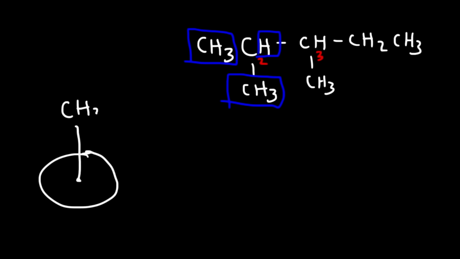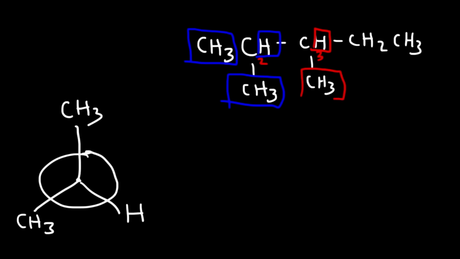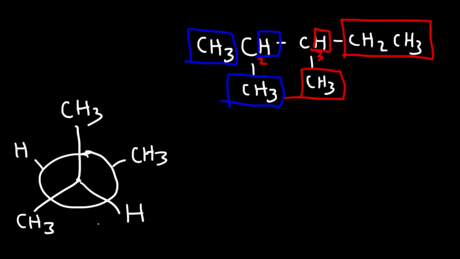So here's the first methyl group on carbon 2. Here's the second one, and then here is the hydrogen. Now carbon 3 too has a hydrogen and a methyl group, but it also has an ethyl group. So let's put that in the back. So here is the methyl group, here's the hydrogen, and here is the ethyl group.